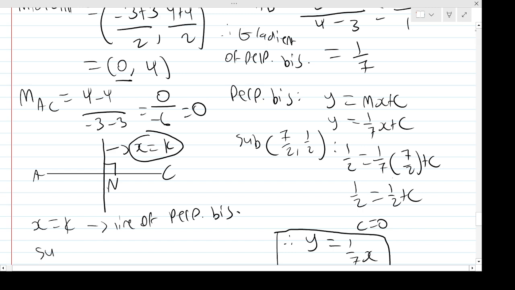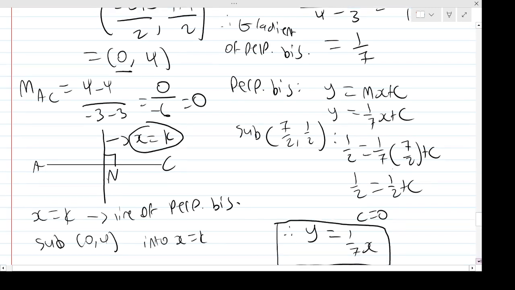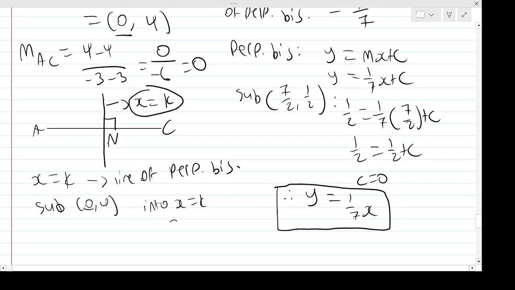I substituted to find that particular k by substituting the point 0, 4, because that's the midpoint. And remember, the bisector still goes through the midpoint. So I substitute the x coordinate 0 into x is k. So that means x would be 0, and that's my equation of the line of the bisector.